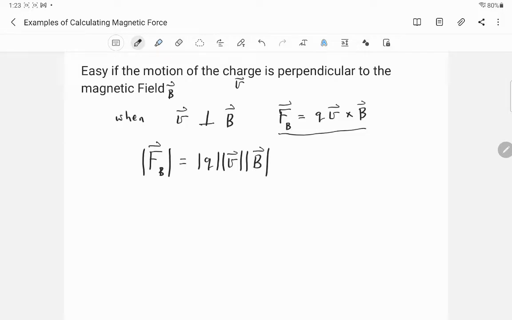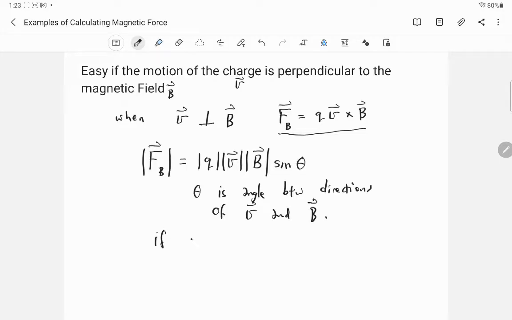So that's just some number of Tesla, right? But then you multiply by the sine of an angle theta, where theta is the angle between the directions of the velocity and the magnetic field.